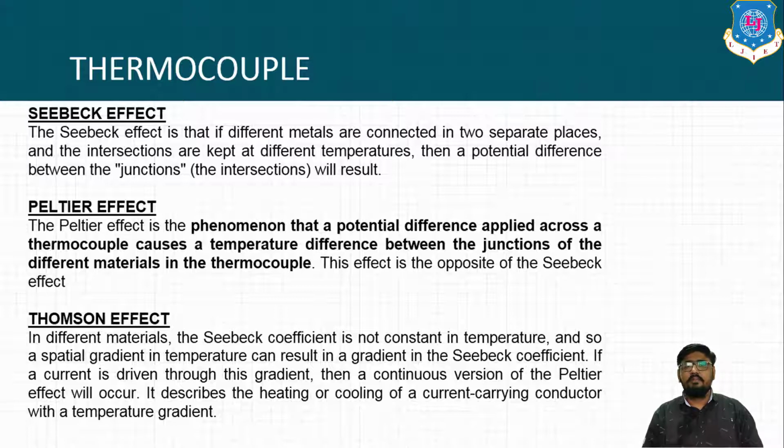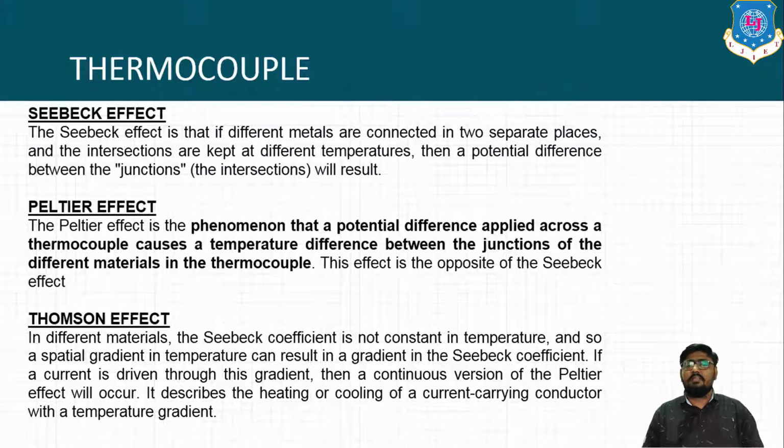Okay, next is the Thomson effect. In different materials the Seebeck coefficient is not constant with temperature. Whatever alpha we have seen, that Seebeck coefficient is not constant, and so a spatial gradient in temperature can result in a gradient in the Seebeck coefficient. Because of the change in temperature there will be a change in the Seebeck coefficient. So if the current is driven through this gradient, a continuous version of the Peltier effect will occur.